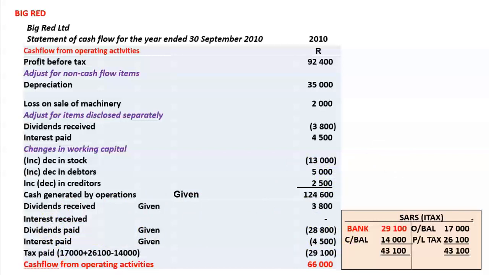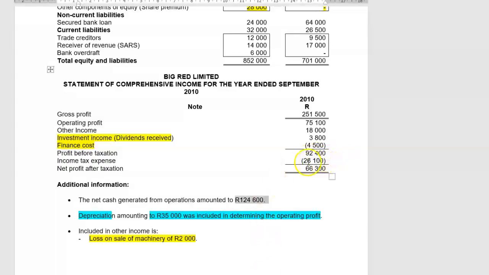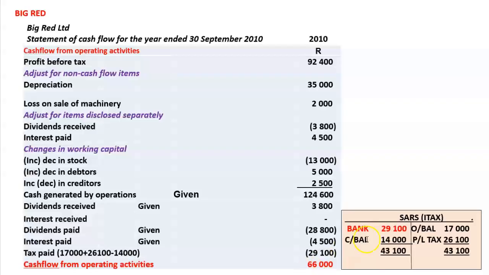Now remember, this tax is not our income statement expense. Here we have to determine how much we actually paid to the receiver of revenue. So in the beginning of the year, we owed him 17,000 Rand. Then there was an additional 26,100 that we had to pay him, and we still, at year end, have an outstanding debt, we still owe the receiver of revenue 14,000 Rand.